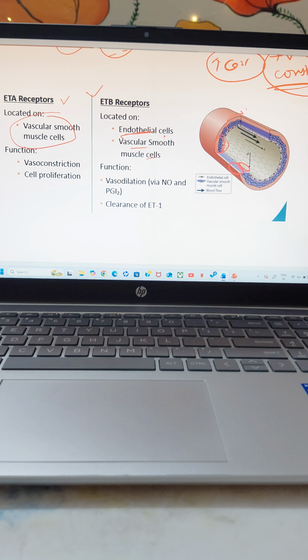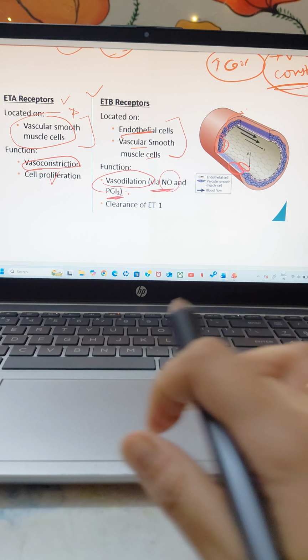So ETB is present on both, and ETA is present only on tunica media, that is vascular smooth muscle cells. ETA function is to cause vasoconstriction, whereas ETB function is to cause vasodilation via releasing NO and PGI2.